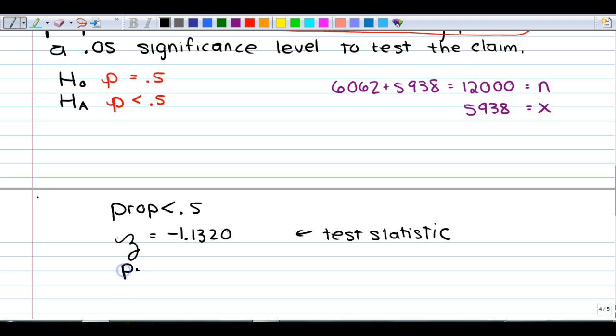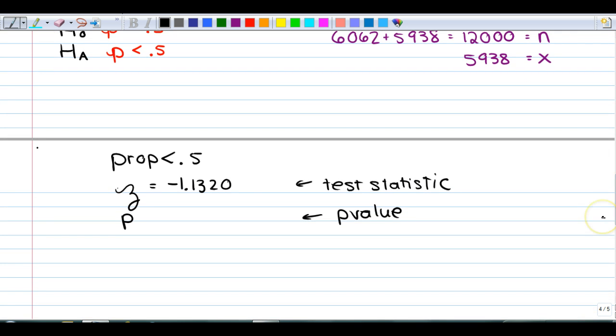It tells me the p-value. That's 0.1288. And it tells me p-hat. That's x over n, 0.4948. And it tells me n.